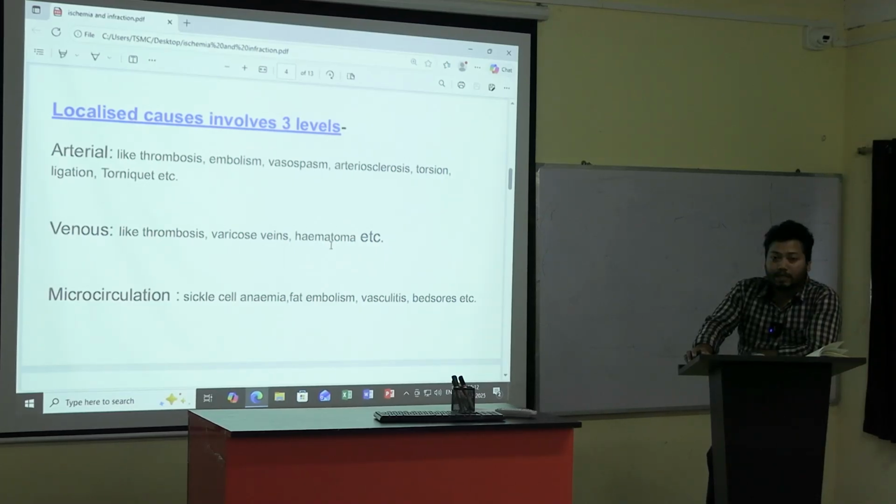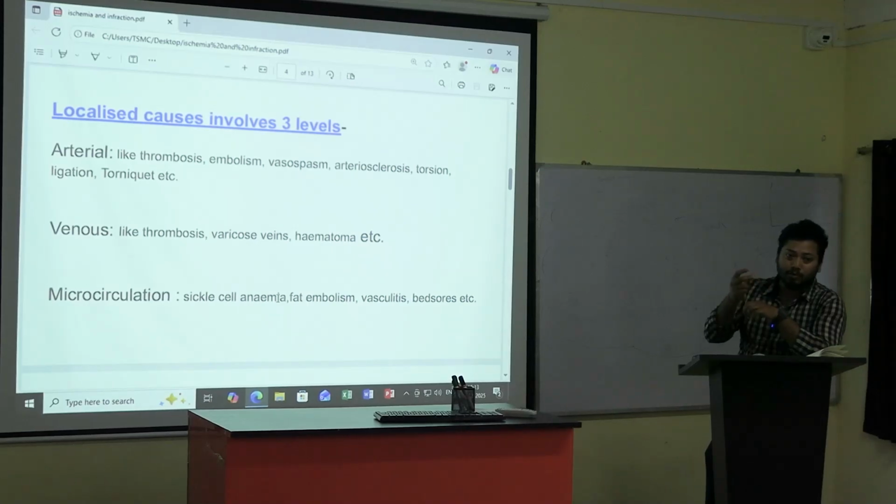Hematoma is when blood gets accumulated outside the blood vessel. Microcirculation: sickle cell anemia. Sickle cell anemia means when the RBCs become sickle shaped and accumulate together with other RBCs, forming a clump.